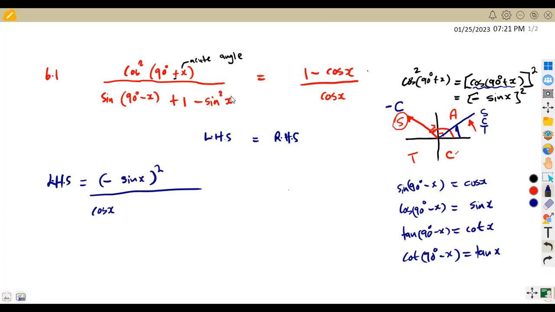Then we've got 1 minus sine squared x. From this part, since we have written this part here in terms of cos x, we're supposed to add something that is the resultant that we have from 1 minus sine squared x. Okay, I want you to get back to your Pythagorean identity. This one is actually there in your formula sheet. So I'm just going to show you your Pythagorean identity so that we can work from there.